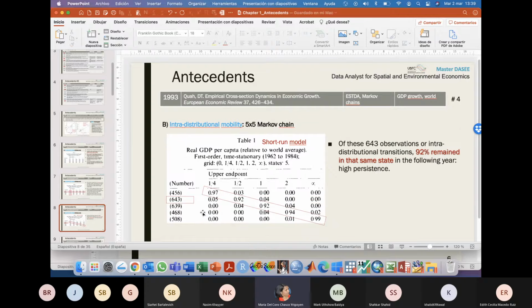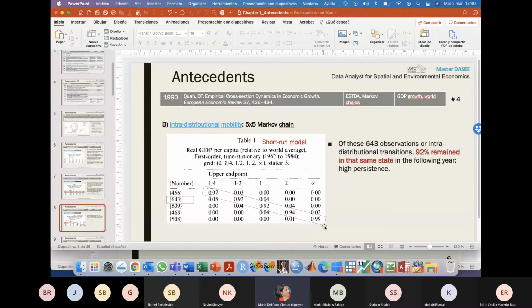Of these 643 observations or intra-distributional transitions, 92 remained in the same second state in the following year, and it is called persistence. So you can see this 0.92. Why in the main diagonal do you find these very high probabilities?